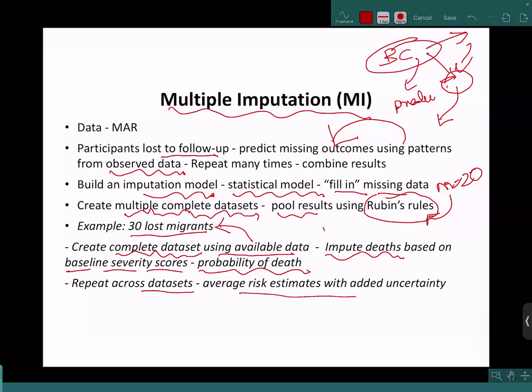I get an average estimate with the variance or the uncertainty added to it, and I can use the entire data set without dropping any observations using what are known as imputations. There are single imputations also. Single imputations means what? One thing could be you take the average of everyone and apply it to all these 30 individuals.